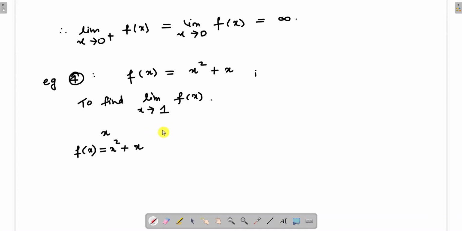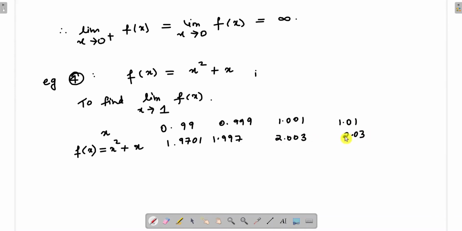So I'll write the table here. We have to take values which are very close to 1. So 0.99, then 0.999, then we have 1.001, then 1.01. Okay, and we can calculate the function values. I have already calculated. I'll write it here: 1.9701, 1.997, 2.003, and 2.03.